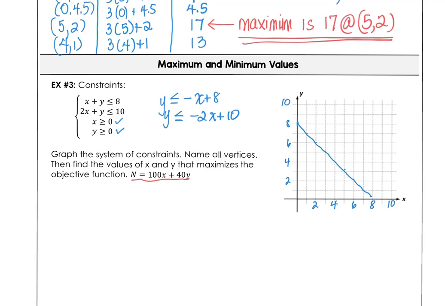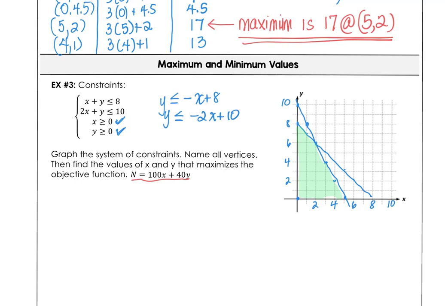The second line starts at 10 and has a -2 slope, so it's a little bit steeper, working down toward this x-axis right here, shading below that, and then like I said, we're shading to the right of 0 and above 0. So grabbing our green pen, we're making this polygon in here, and we're looking for the vertices of this polygon.